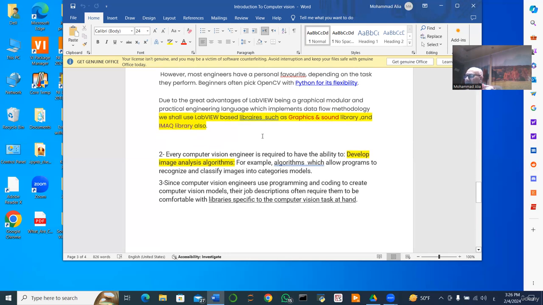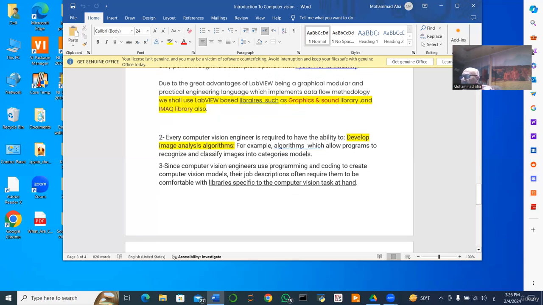And moreover, in LabVIEW, for quick programming and analysis, they have designed what is called the vision assistant. And they have also designed the vision acquisition express virtual instrument. These two tools make it easier, not for a beginner, but for a practitioner, a practical engineer, to use them very quickly in order to carry out any investigations.